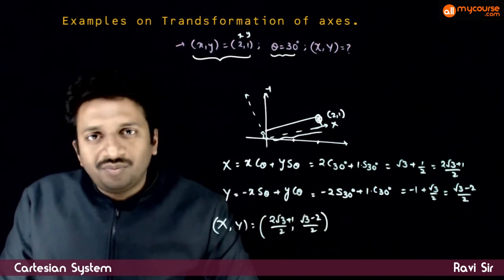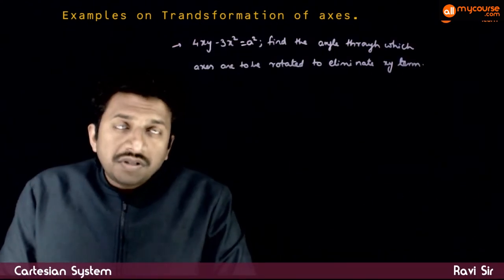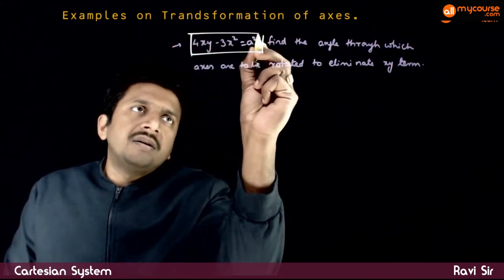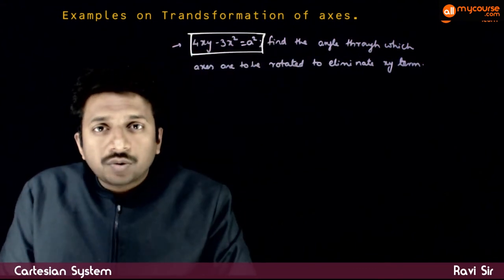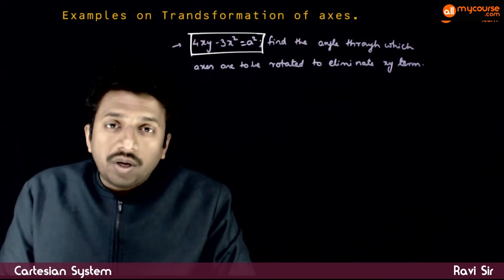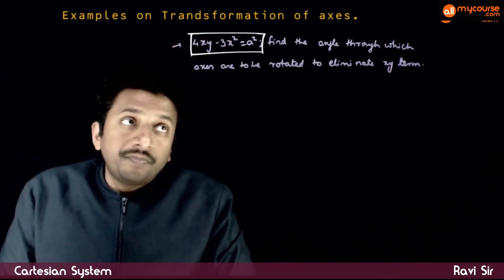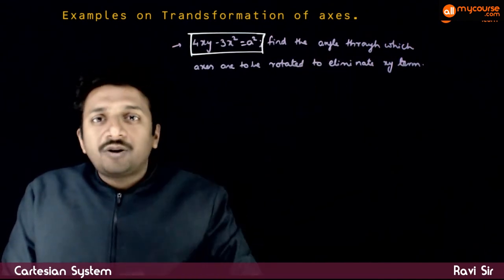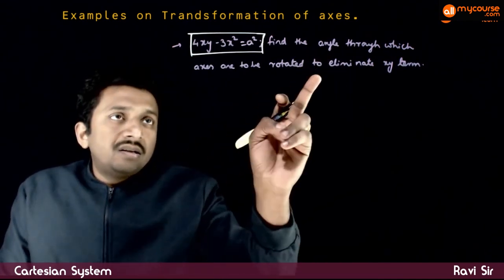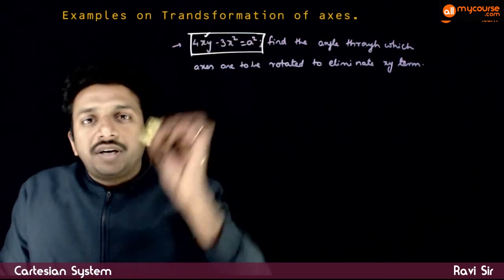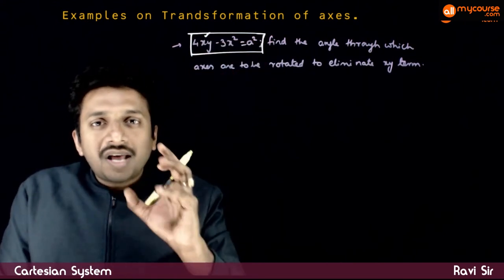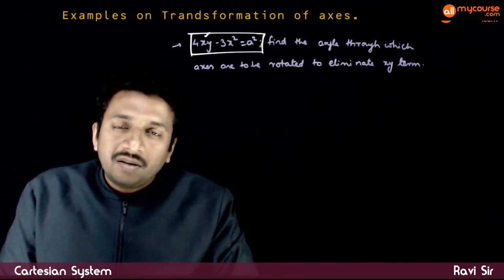In this question, you're given a curve which looks like 4xy minus 3x square is equal to a square. You're asked to find the angle through which the axes are to be rotated to eliminate the xy term, that is, in the transformed equation you should not have any xy term.